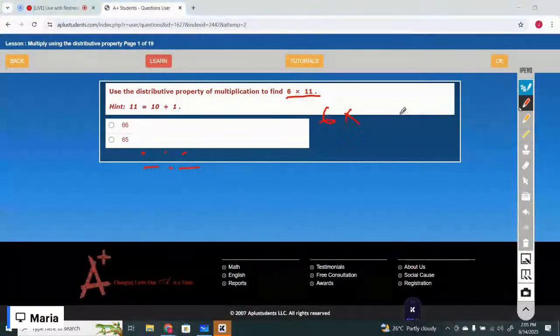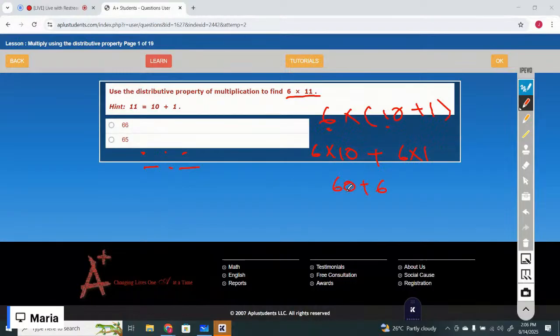So we can write 11 as 10 plus 1. 6 times 10 plus 6 times 1. 6 times 10 is 60, plus 6 times 1 is 6. So 60 plus 6 equals 66. Option number 1 is the correct option, that is 66.